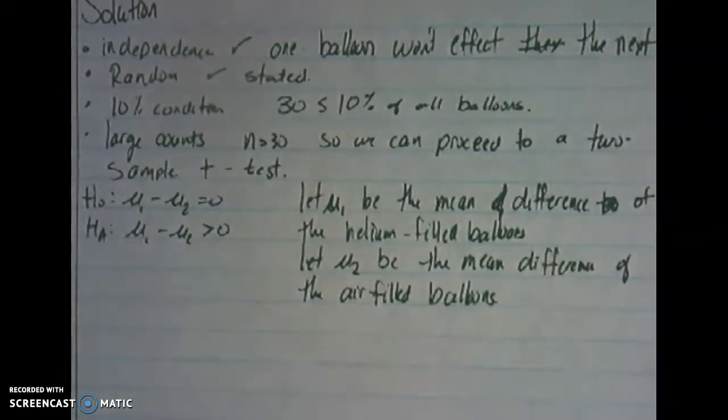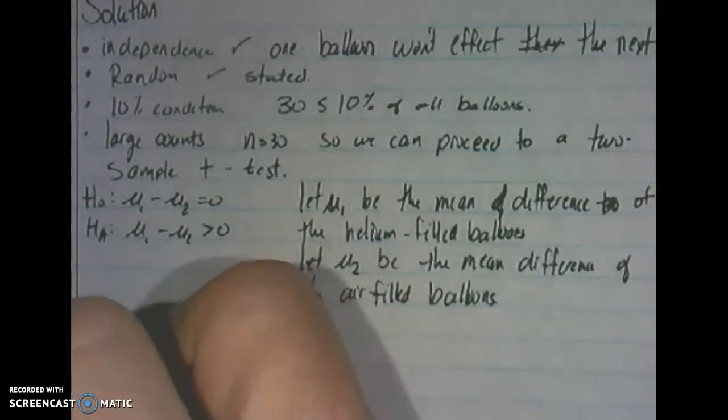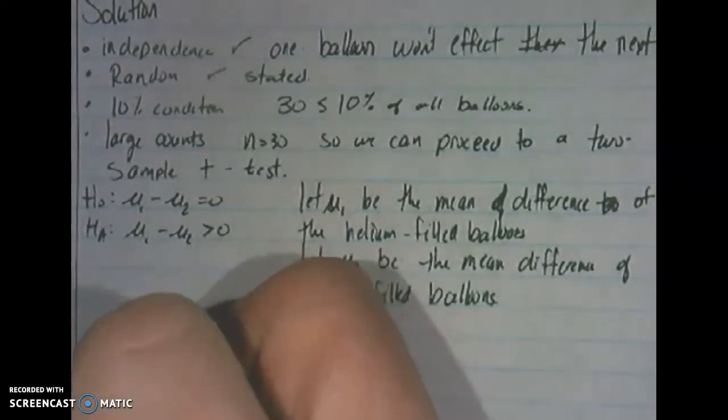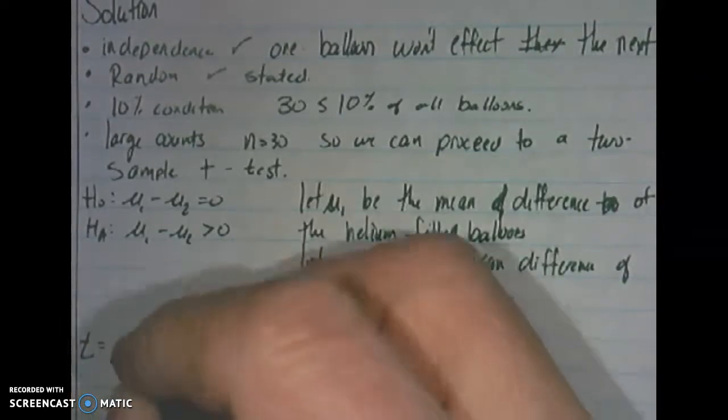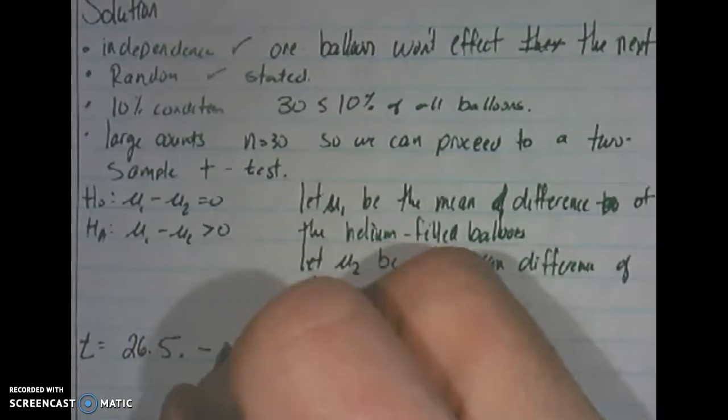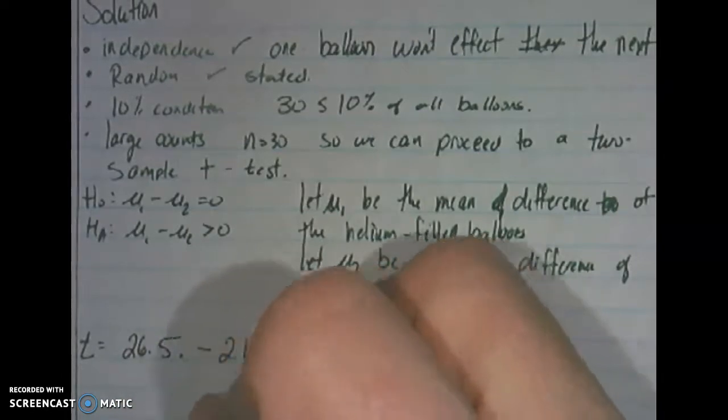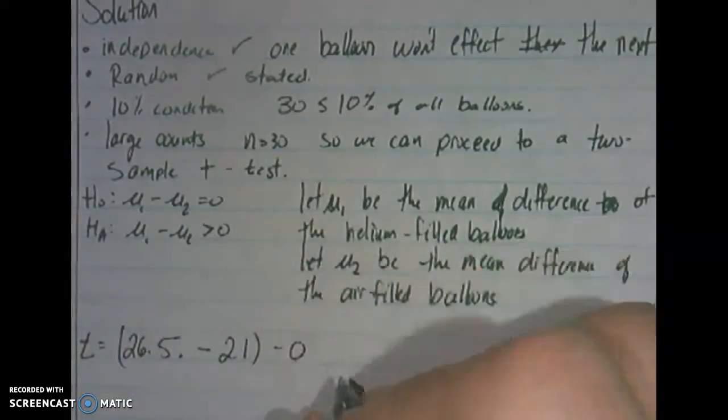Okay, so now we've labeled everything. We've got our 4 conditions. We've done really well. So we're going to do our t real quick. So the mean of the helium was 26.5 minus 2.1 minus 0.